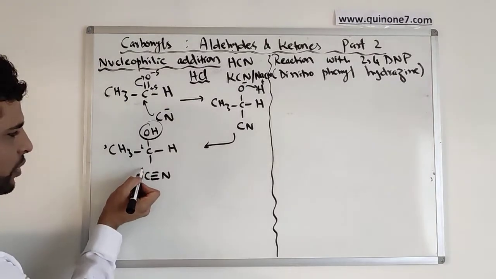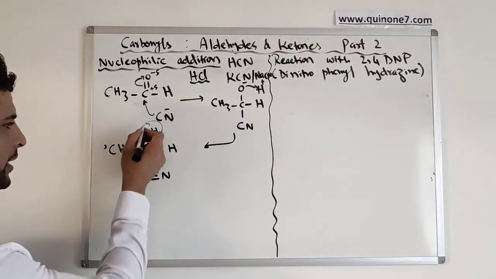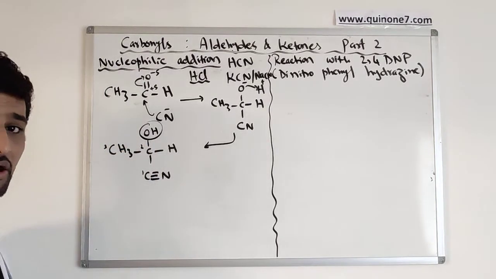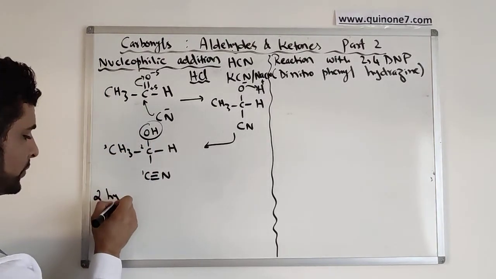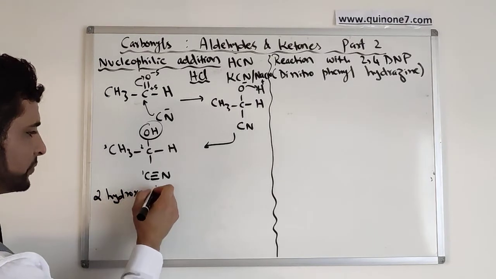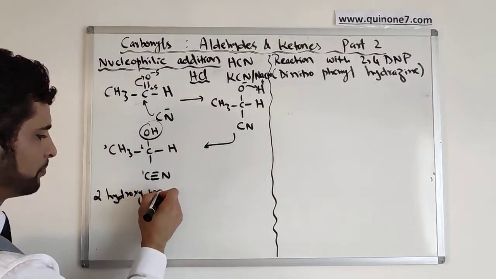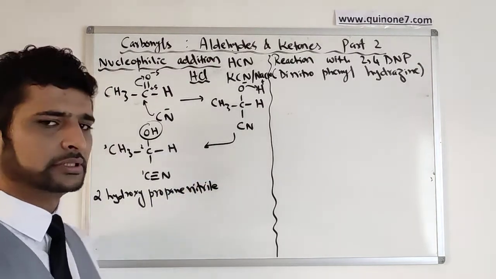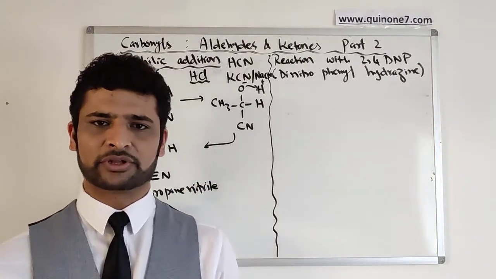So if you count 1, 2, 3, it's propane. The hydroxyl side chain is at position number 2. So 2-hydroxypropane, and you just put the word nitrile. Done. This is how you name the nitriles.